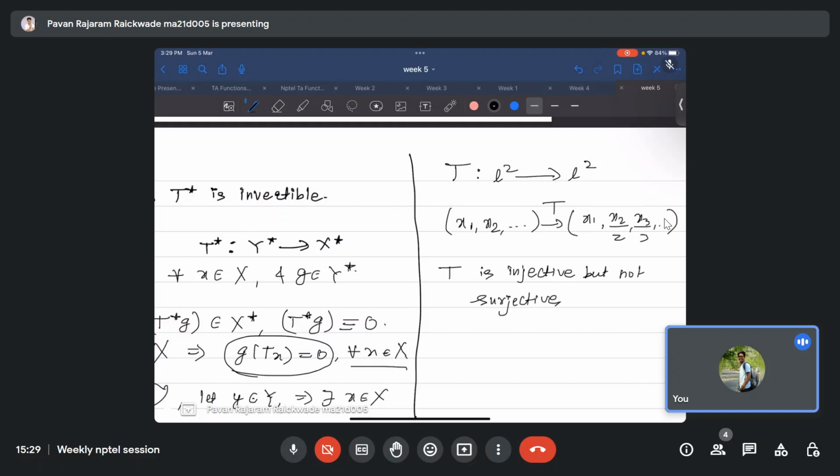And in this case, T star can be identified with T. Here L2 is a Hilbert space, so it relates with the adjoint. T star, which is the adjoint of T, is the same as T in this case. You try to prove this.